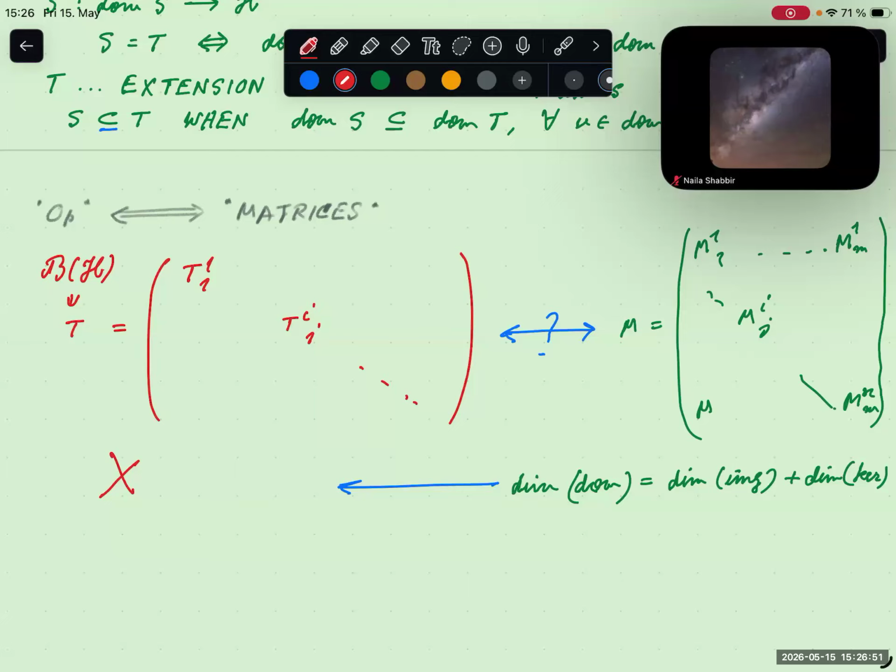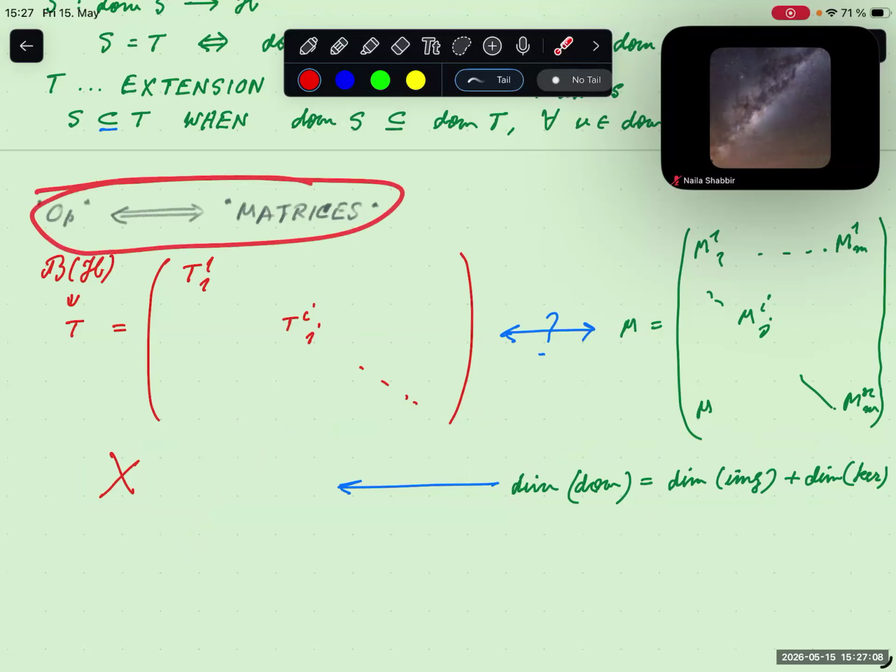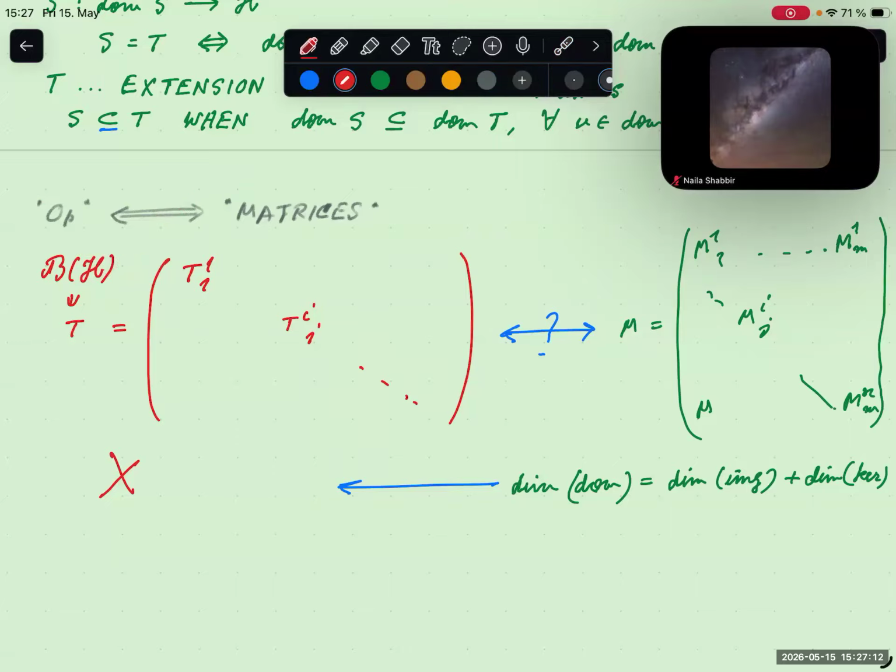We haven't gone into quantum mechanics, but I hope now you can see it's not only a precise way of writing the same thing, but you detect something that is not present in the matrix world, but this is true for matrices. So operators equal to matrices is not right. Is it clear to all of you?